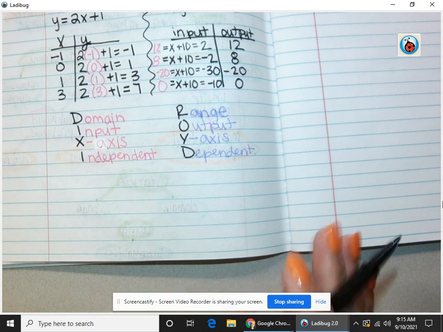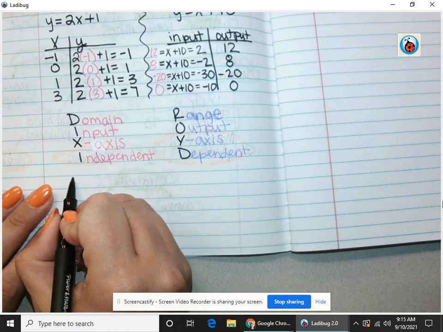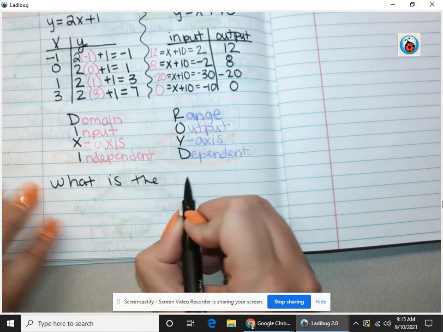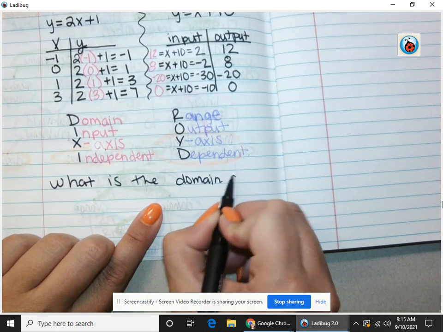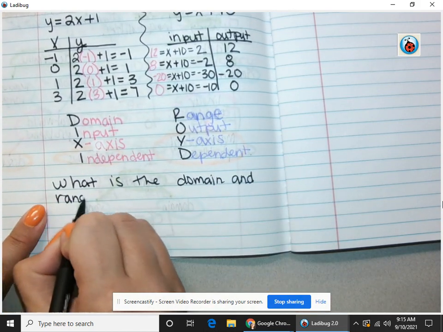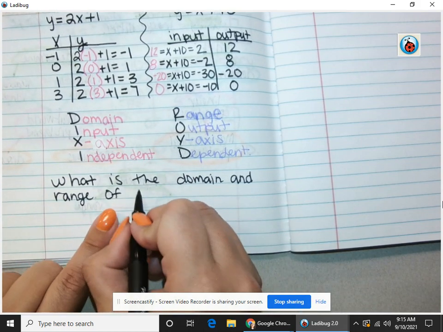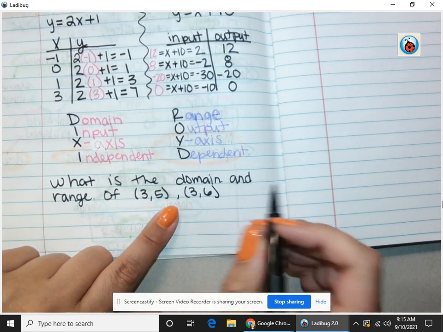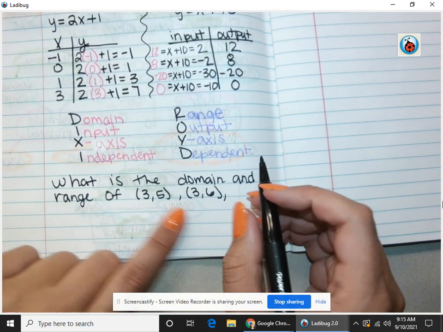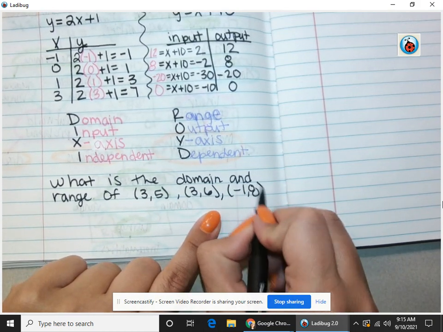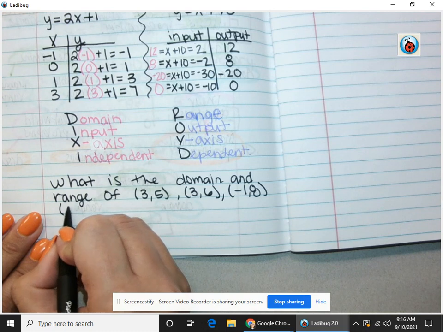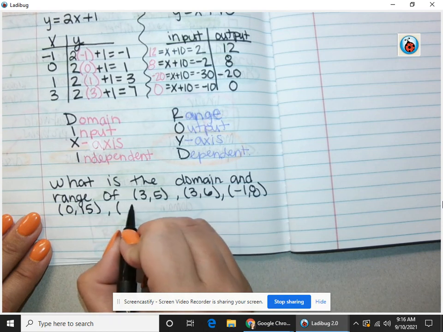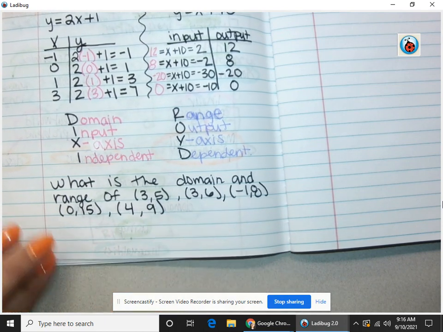So if I had a set of points, what is the domain and range? I've got (3, 5), (3, 6), (negative 1, 8), (0, 15), and (4, 9).